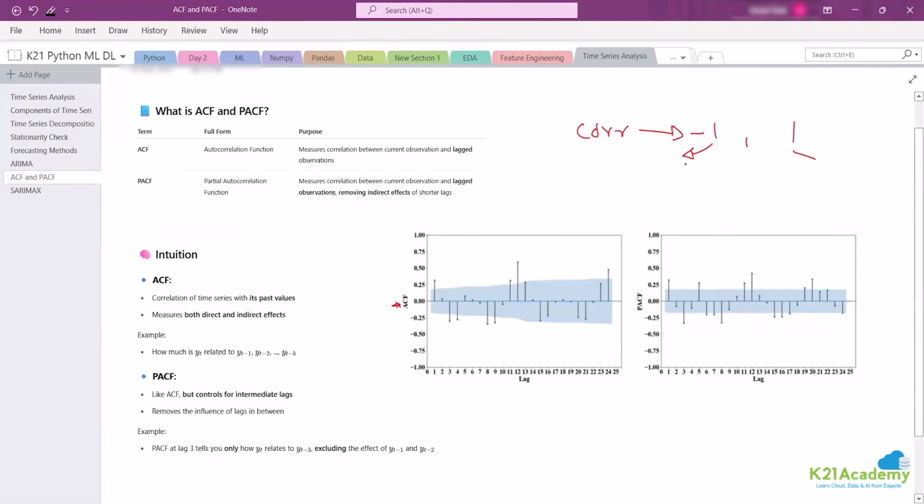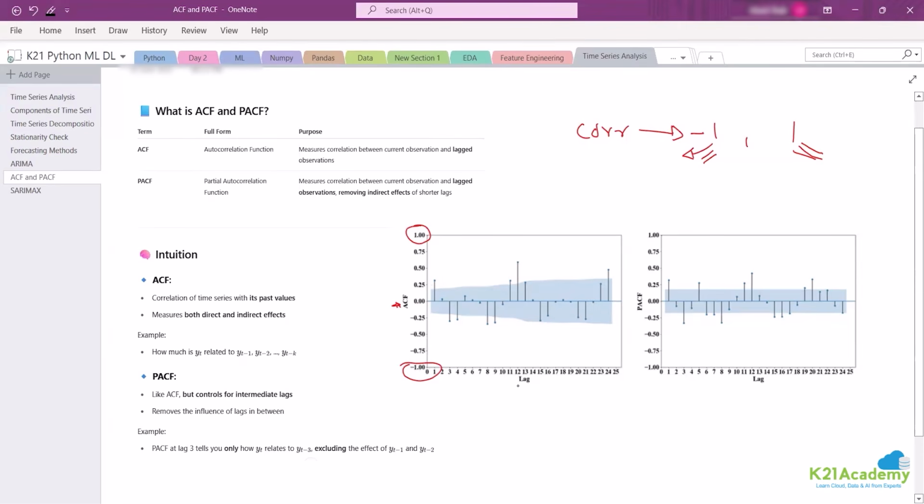That is, if some value is increasing, then the other correlated value will also increase. So the maximum value is 1 and the minimum is -1, and we plot within this range only.